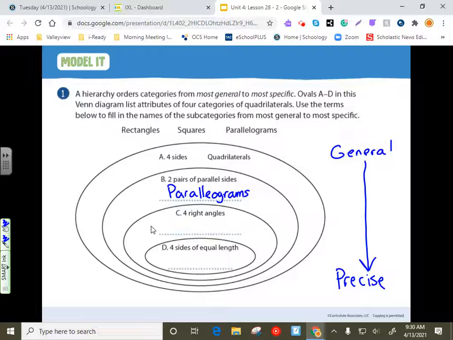And if that parallelogram has four right angles, that's a rectangle. And if that rectangle has four sides of equal length, it's a square. So you can see that the rules or the details of each of these things get much more specific as we get deeper into that Venn diagram. So just keep that in mind.